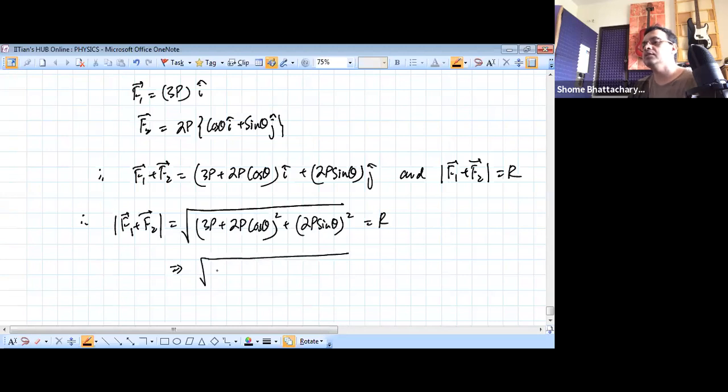that this will become 9 plus 4, and cos square theta plus sin square theta is 1. So 9 plus 4, 13 p square plus you will get 12p square cos theta is equal to r. So that's the equation 1, same equation we had got earlier.